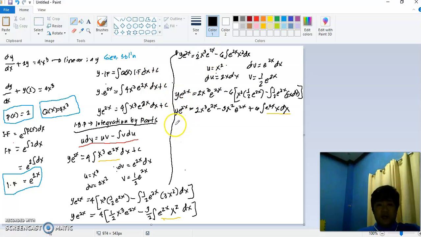Okay? So we have y e^(2x) equals 2x cubed e^(2x) minus 3x squared e^(2x). Later we can simplify this one.